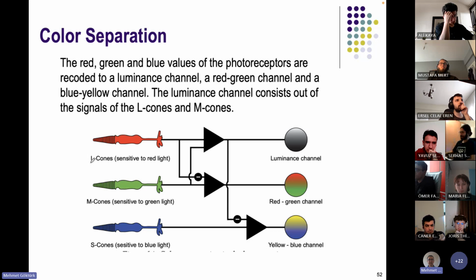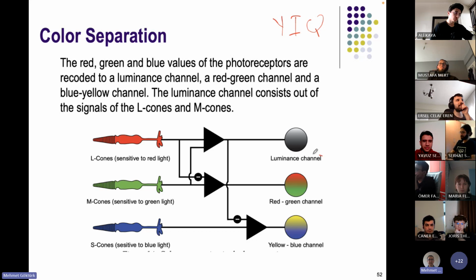And furthermore, as explained last time, our eyes are wired to the brain separately. Black and white is wired separately from the color. So our wiring system is not RGB, it is YIQ. In the TV system, we have YIQ color transmission.